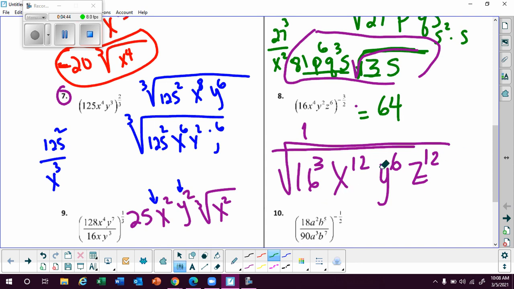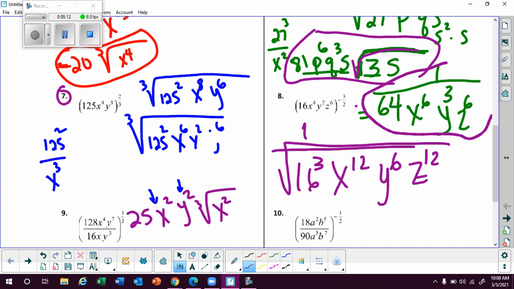Then everything else I have to divide by 2. 12 divided by 2 is 6. 6 divided by 2 is 3. 12 divided by 2 is 6. But remember, this is a fraction. This is 1 over everything, and the reason it's 1 over is because of the negative exponent. So this is your answer for number 8.